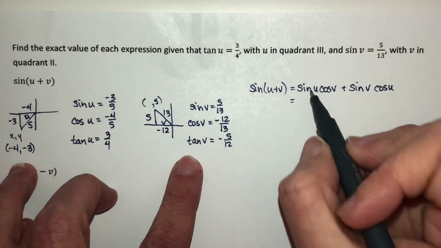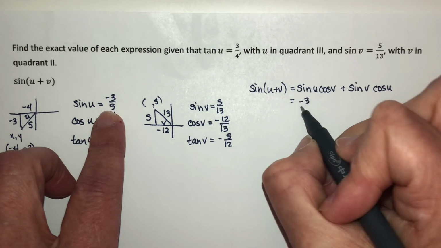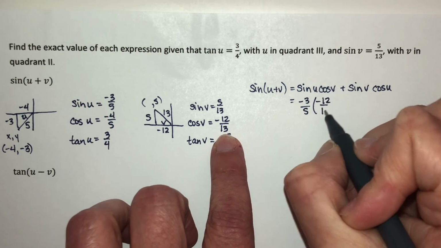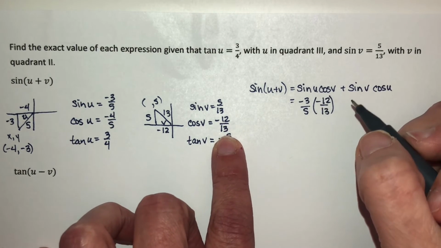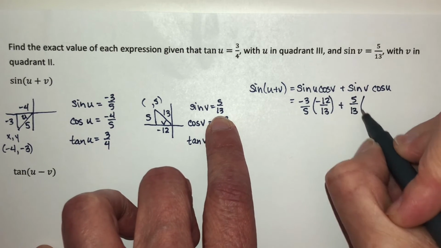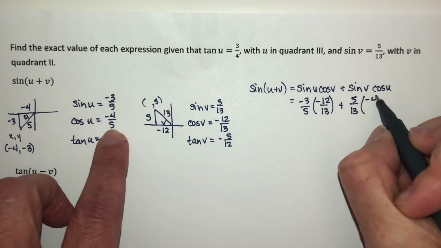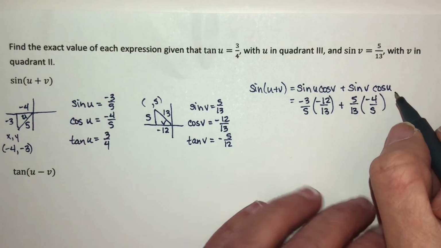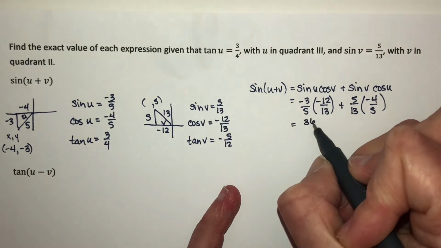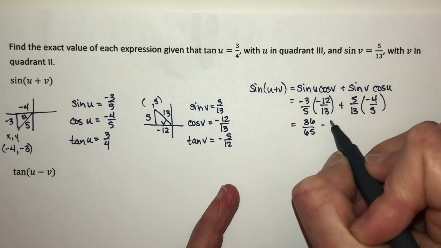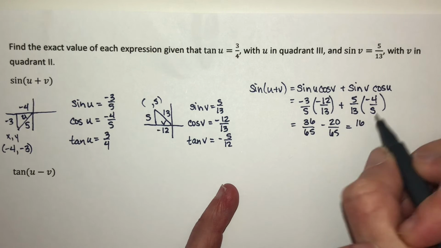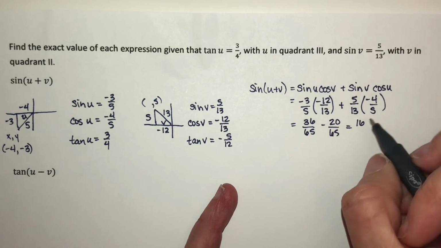Pulling this from here, sine of u is -3/5, cosine of v is -12/13, plus sine of v is 5/13 times cosine of u is -4/5. And this gives us 36/65 minus 20/65, which is 16/65.